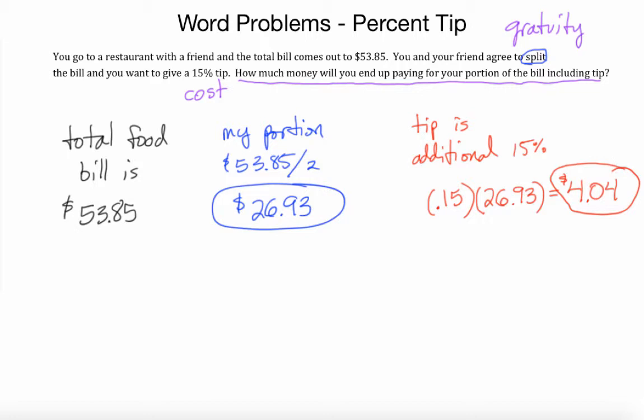Okay, so look at what we have now. We've got my total portion, that's for the food, $26.93. Plus, I should add this amount to have a 15% tip.